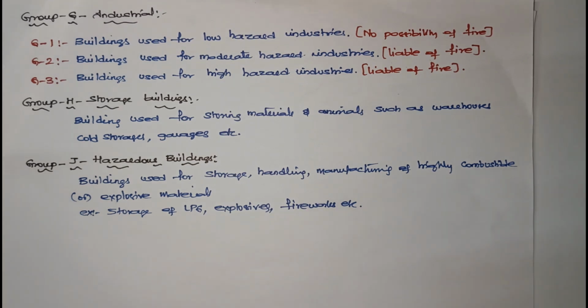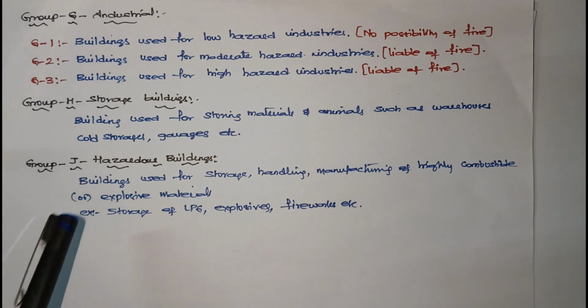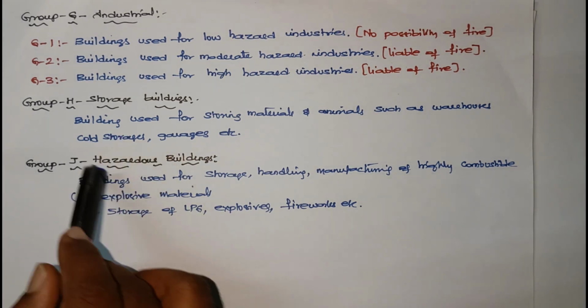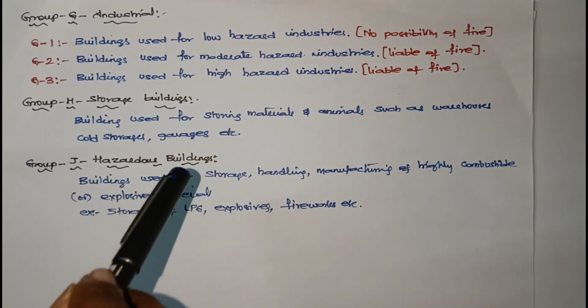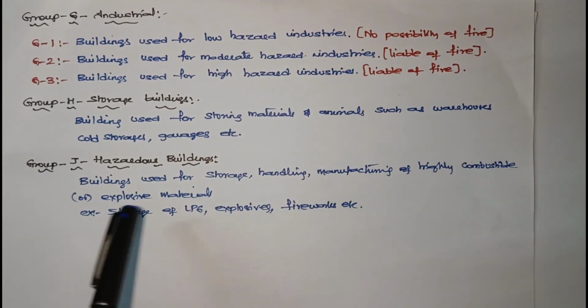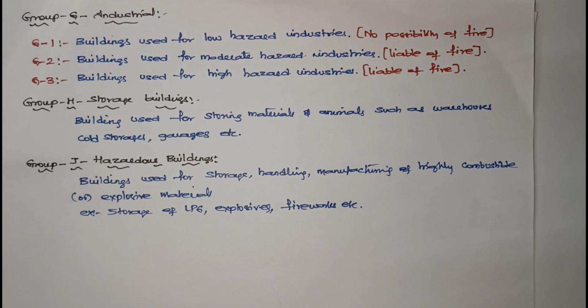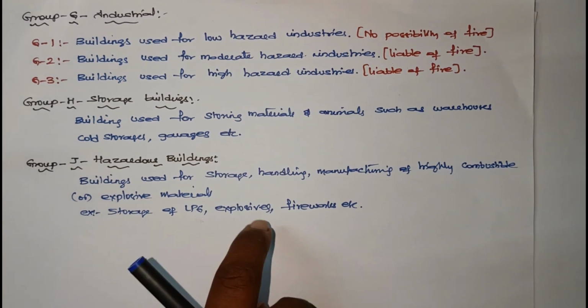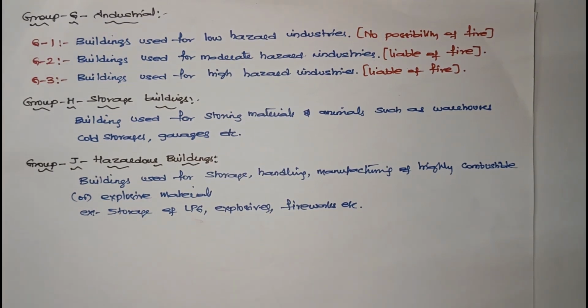Coming to group J, hazardous buildings. The name itself says it is the building which is used to store, handle or manufacture highly combustible or explosive materials. Example: storage of LPG gas, explosives or fireworks, etc. All these are the 9 different categories of buildings as per NBC.